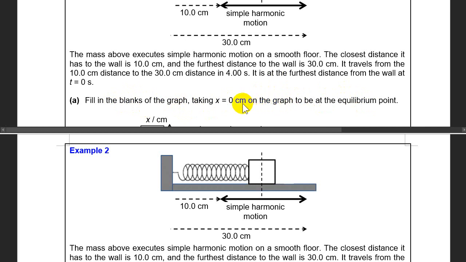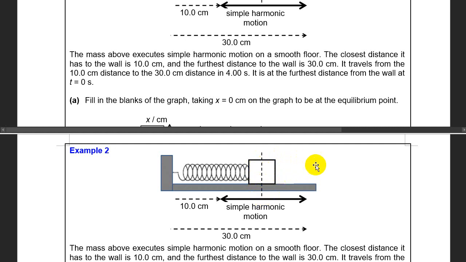Okay, taking x to be 0 cm on the graph to be at the equivalent point. There's something new here. So what they are saying is this point, we'll call it x equals 0. In fact, x is actually the displacement from the center point.